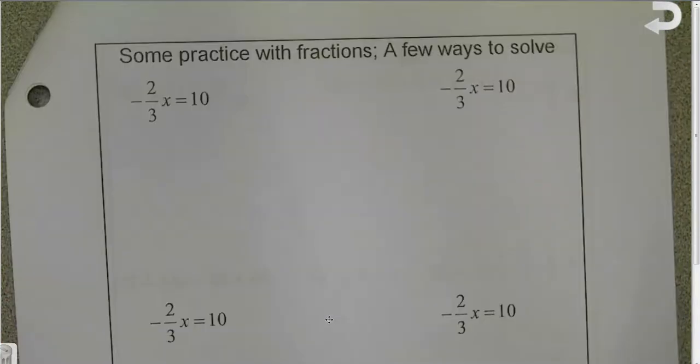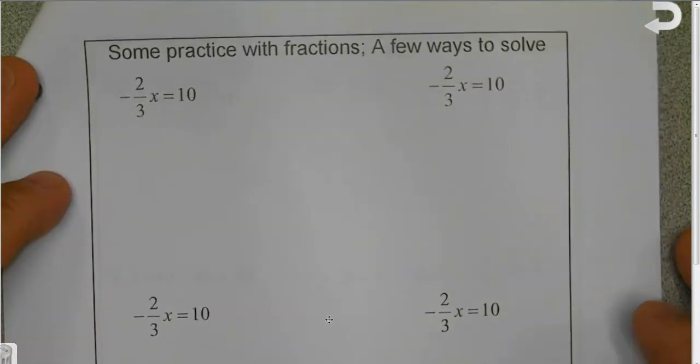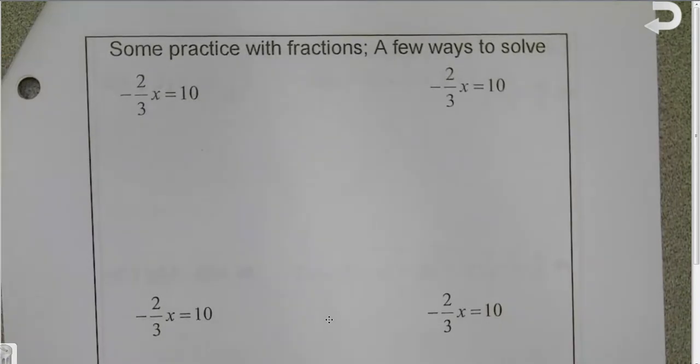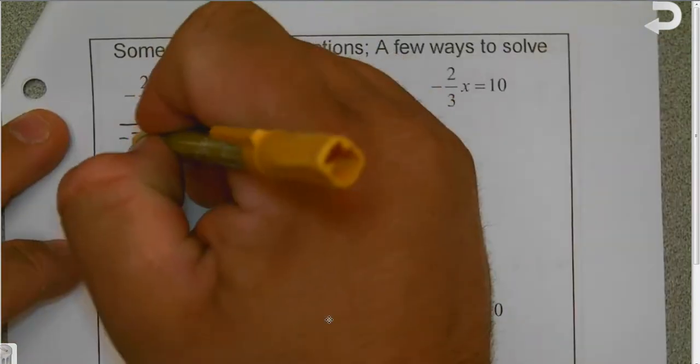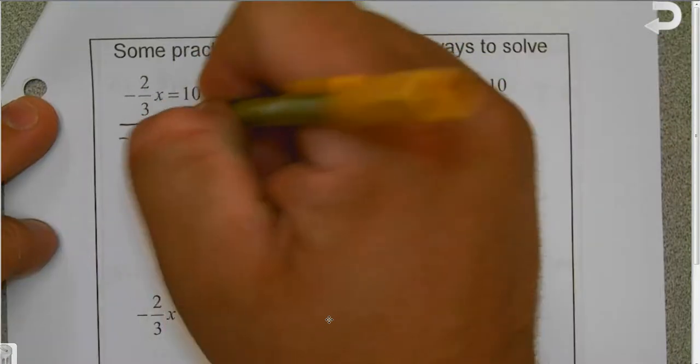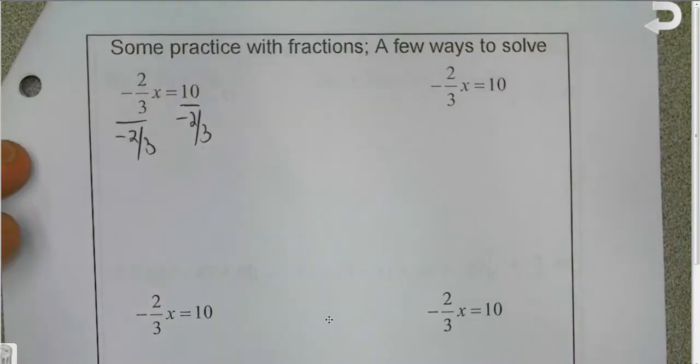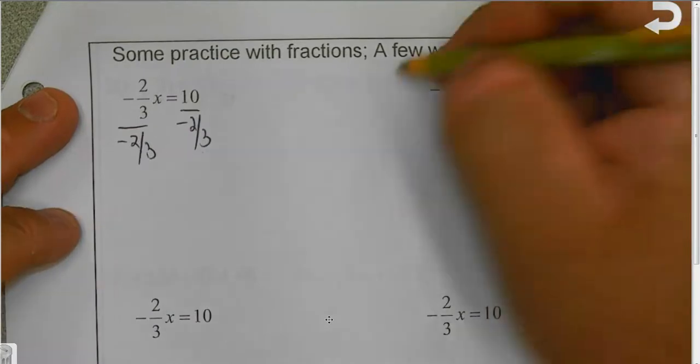So let's quickly talk about fractions. There are 4 ways to get rid of multiplication and division in a fraction. You can divide. You can multiply by the opposite.